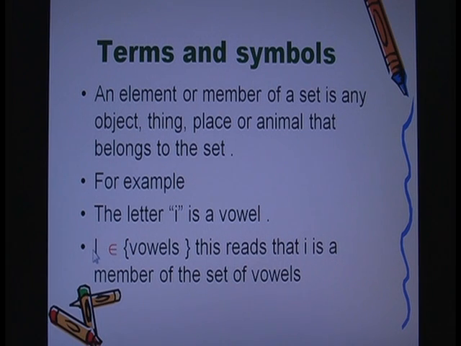So therefore, saying the letter I, this symbol means what? Element or member of. So this symbol means the element or member of. This reads that I is a member of the set of vowels. So I is a member of the set of what? Vowels. Very good.